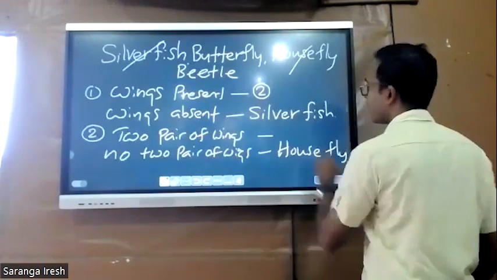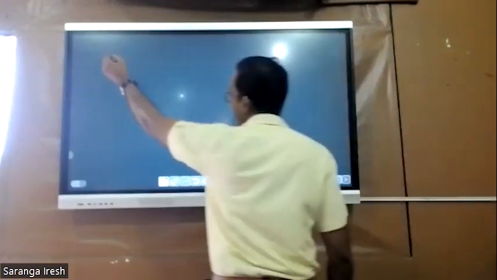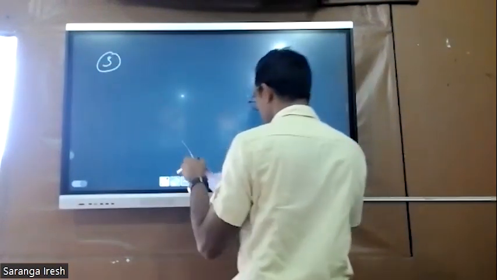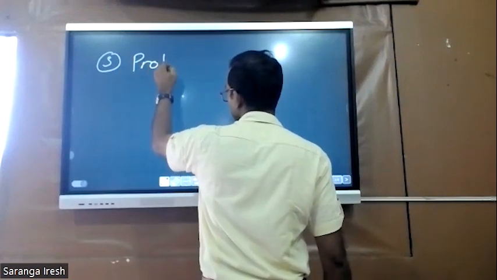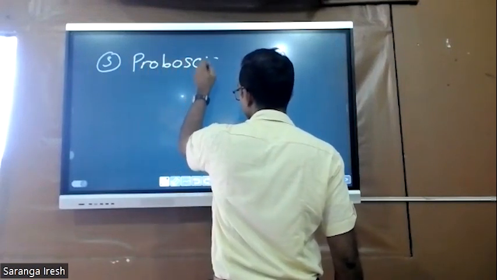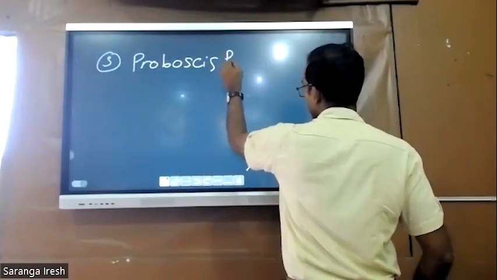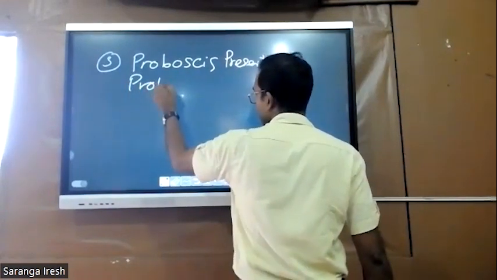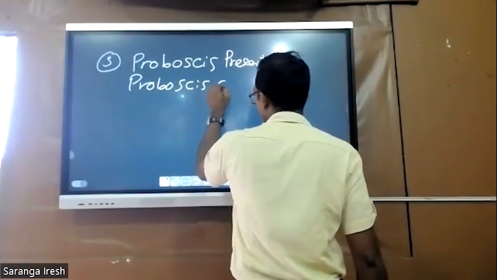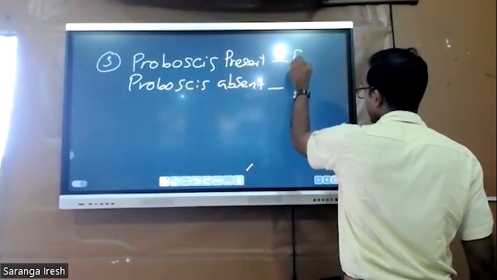That is number 3. The third one uses the presence of proboscis. Proboscis present: butterfly.